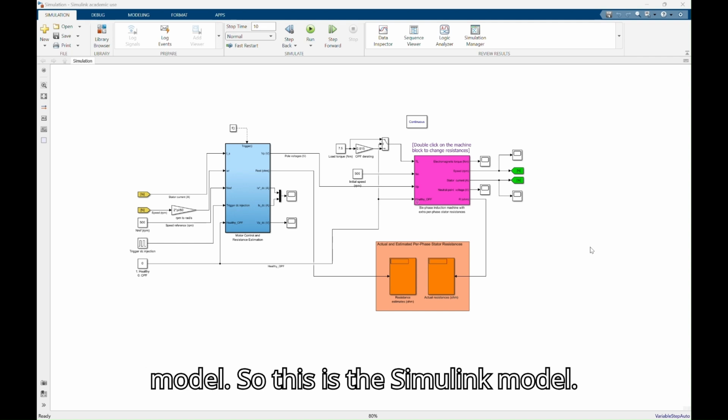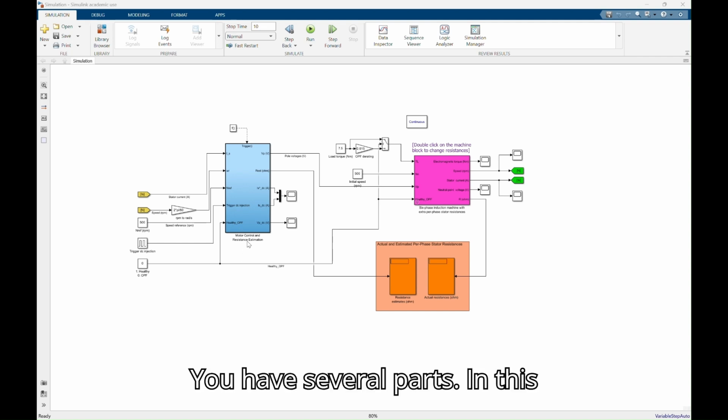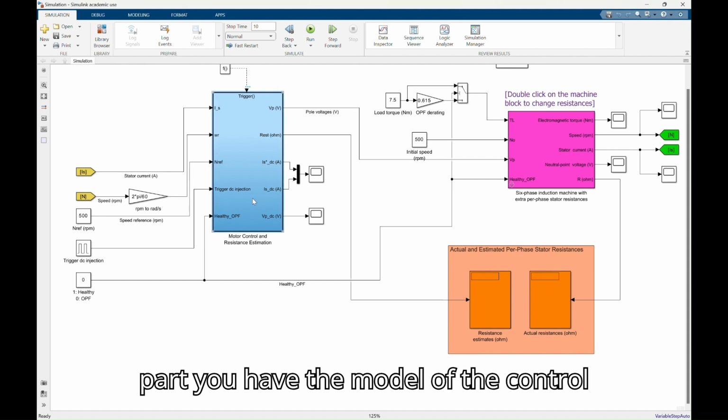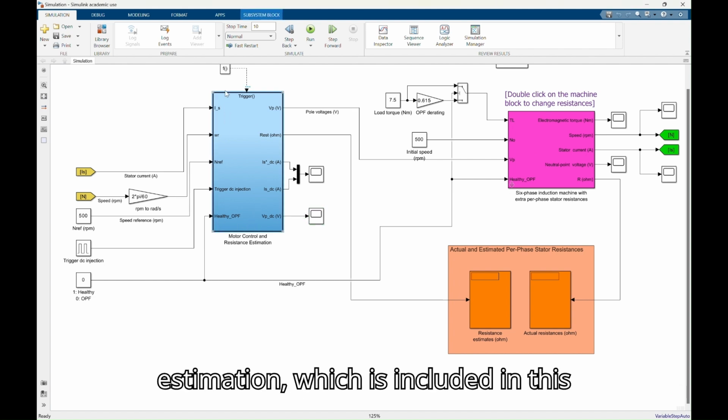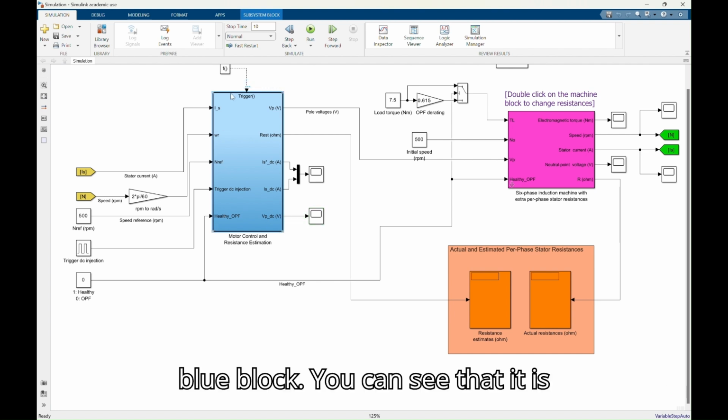So this is the Simulink model. You have several parts. In this part, you have the model of the control and the algorithm for resistance estimation, which is included in this blue block.